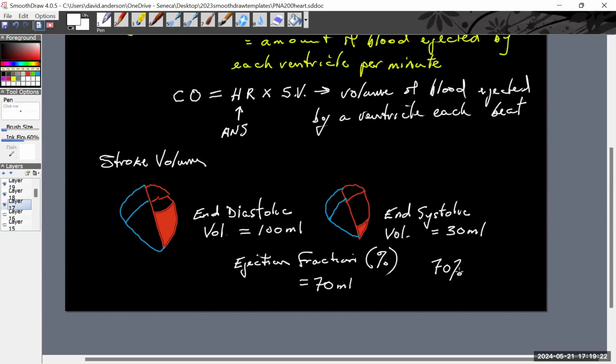And we want a healthy ejection fraction to be somewhere in that 60 to 70% range. So I used some simple numbers to get us to 70%, just so we could see how it happens. A good healthy stroke volume has an ejection fraction of around 70%.